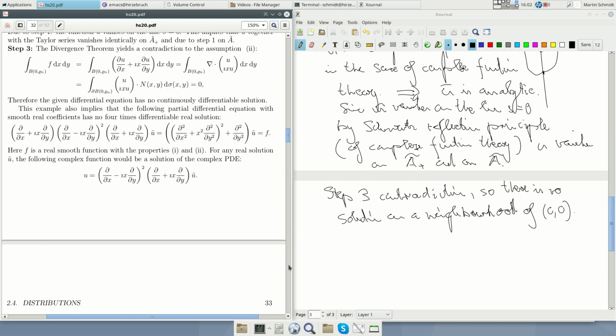So if we combine this with this operator and then calculate this, one has to be a little bit careful, because this derivative applies also to the x, not only to the y.